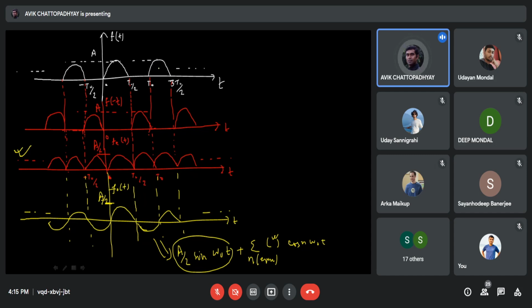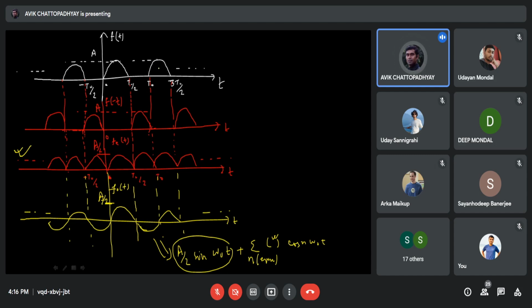But if it is not, then smartly try to adopt a method so that an even or odd property can come out from the signal itself. Then you can directly exploit that property in finding the Fourier coefficients.